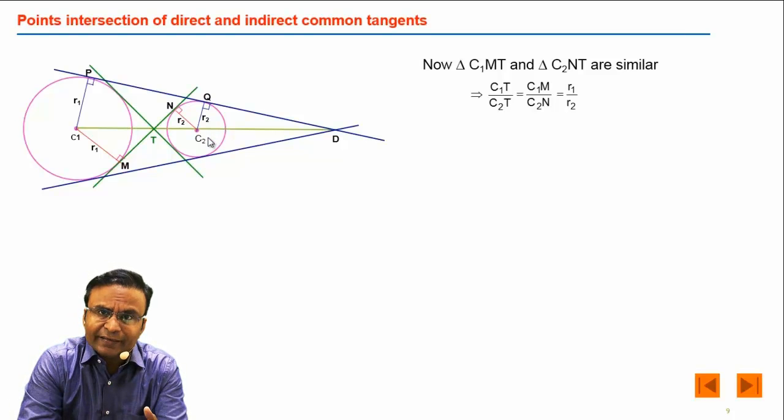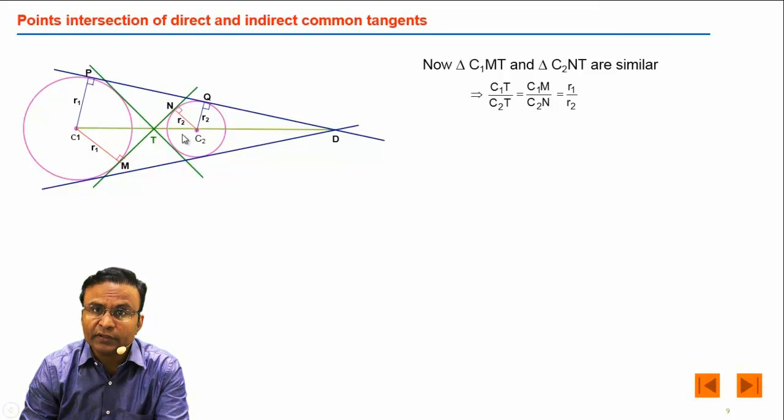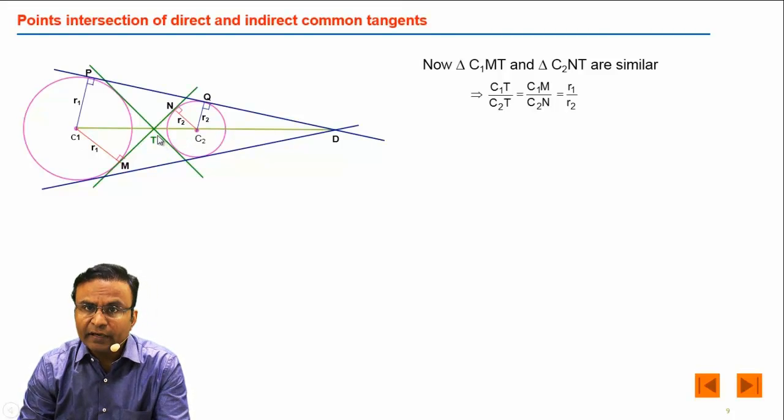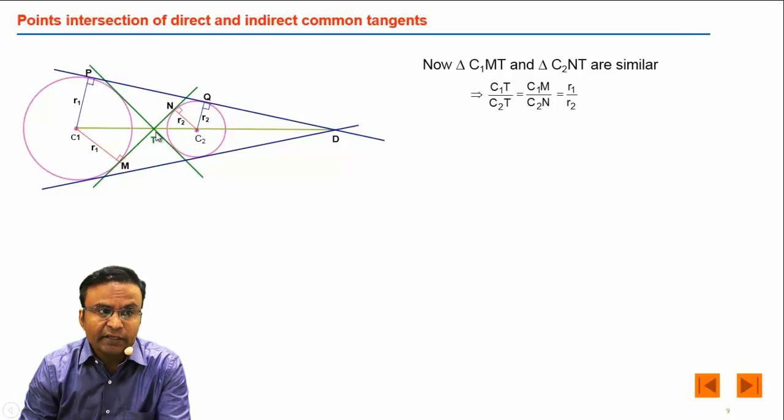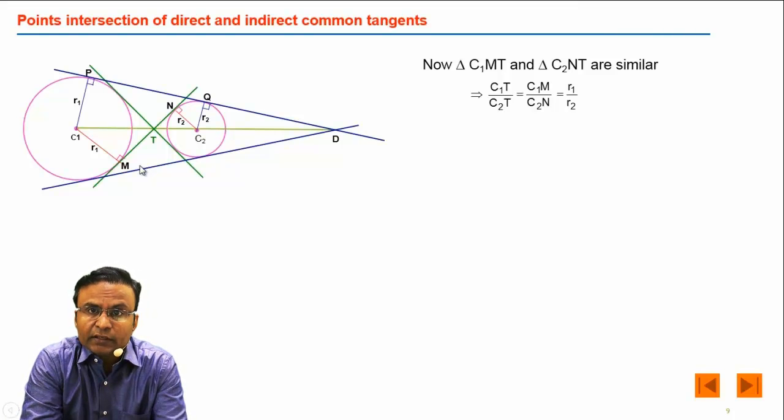Now why were we interested in finding this ratio? Because to find point T, which lies on the join of C1 and C2, if we can find the ratio C1T upon C2T, we can find the coordinates of point T using the section formula.